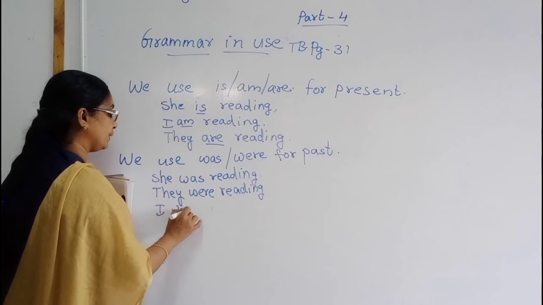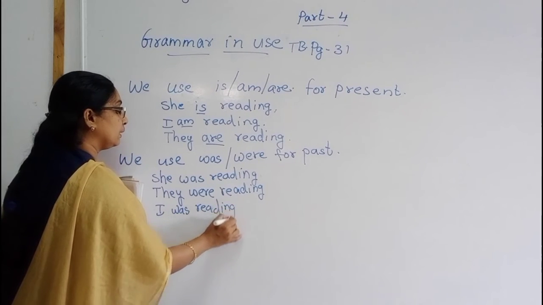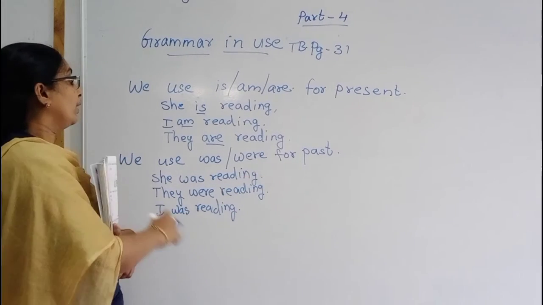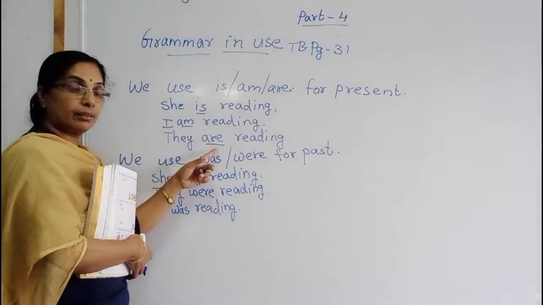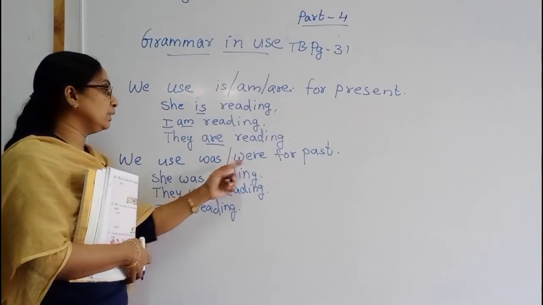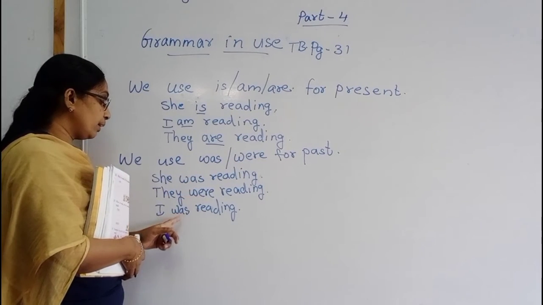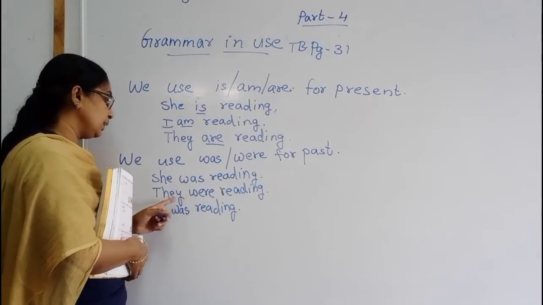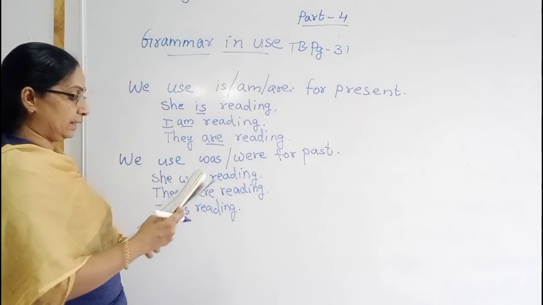I was reading. This is the difference, children. When we are writing in the present tense, is, am, are. Same sentence we are changing into the past tense when we write was, were, was.